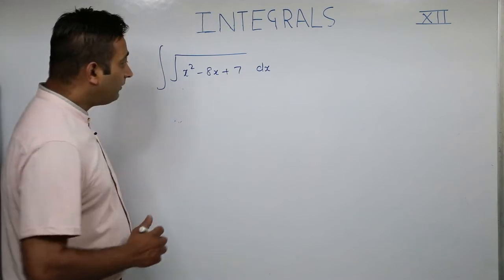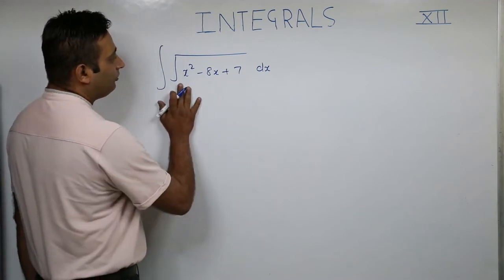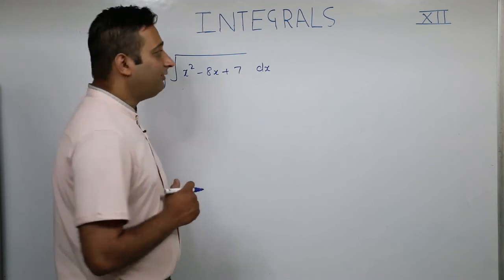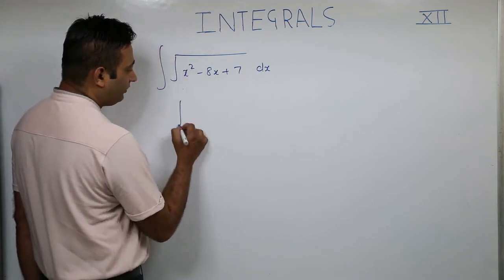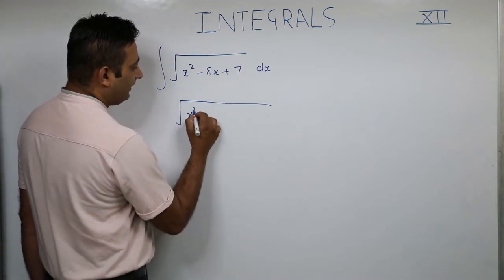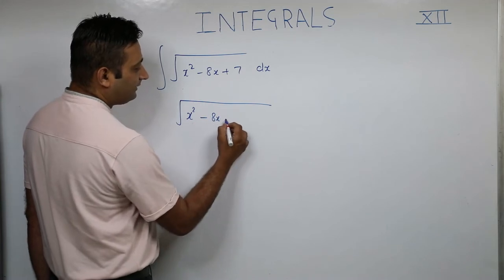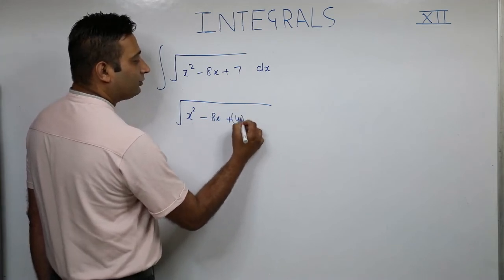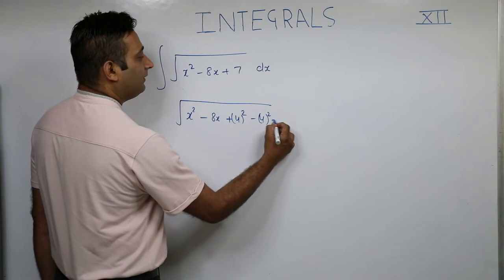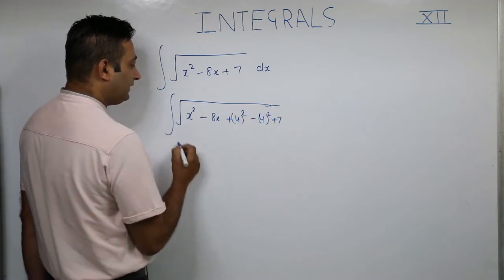Now let us solve one more problem. We have under root of x square minus 8x plus 7. Now you have understood what we are doing, we are completing the square here. That means minus 8x is there, so we'll add 4 square and minus 4 square plus 7 to complete the square.